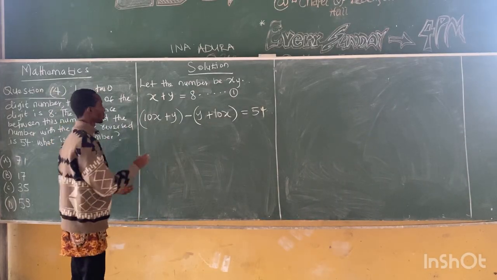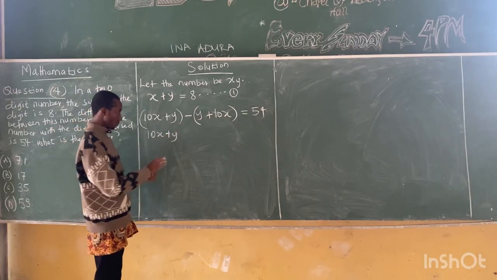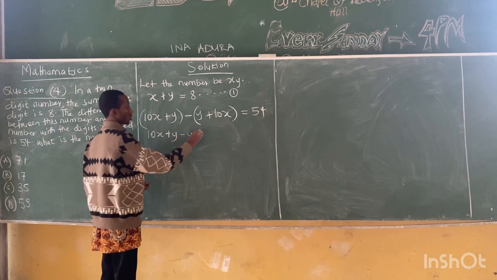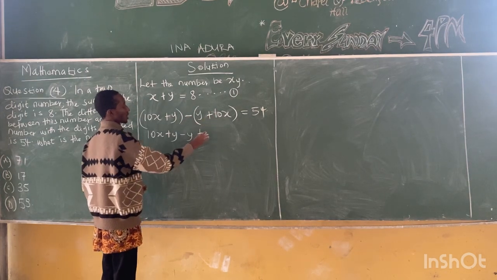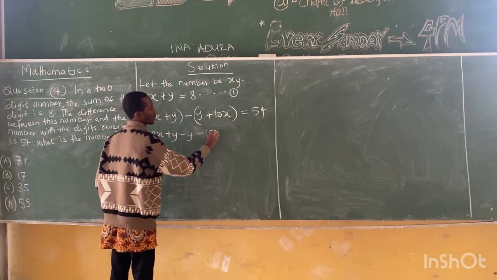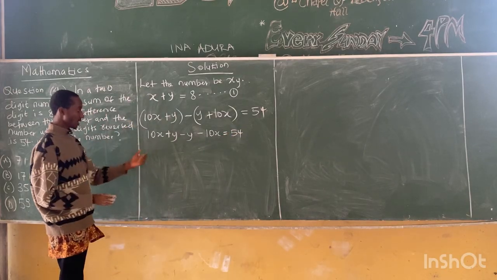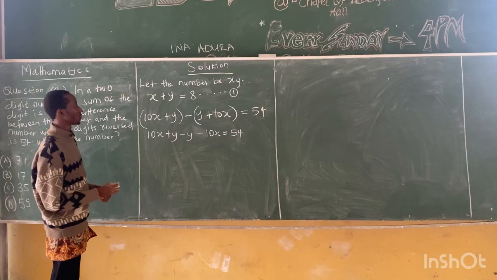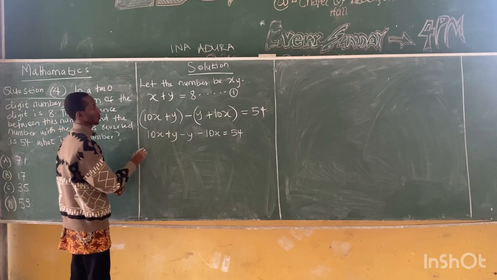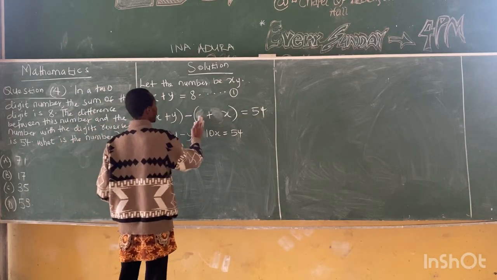Now when we expand this, we have 10x plus y. Minus times plus gives us what? Minus. Plus times this gives us minus. So we have 10x plus y minus the bracket 10y plus x equal 54.